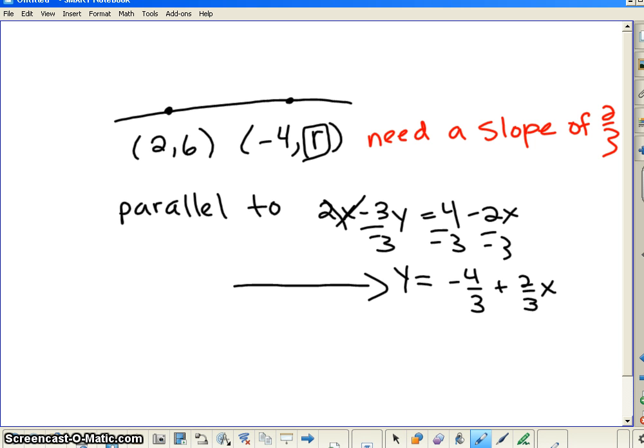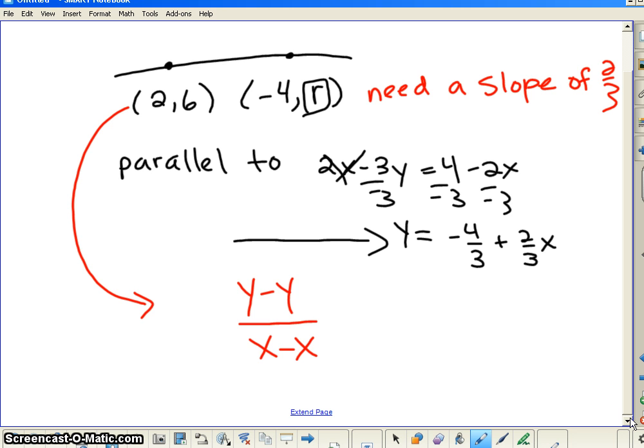Okay, so how do you find the slope between 2 points? Y minus y, x minus x. Okay, what are 2 y values? So 6 minus r over 2 minus negative 4.